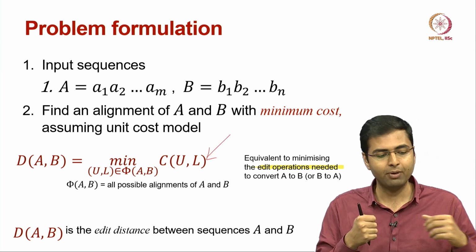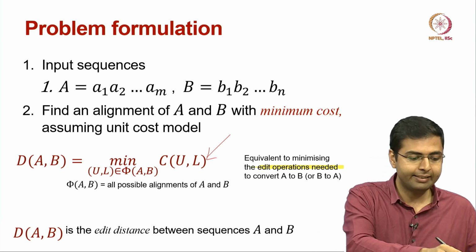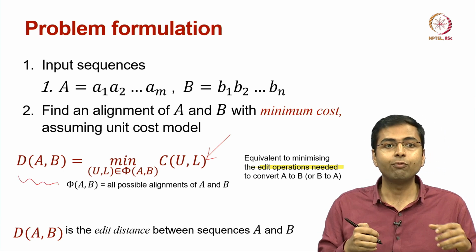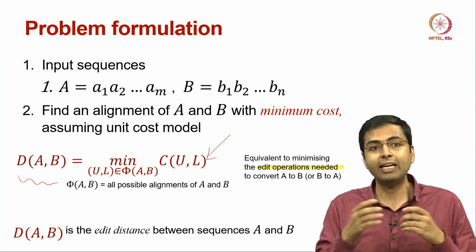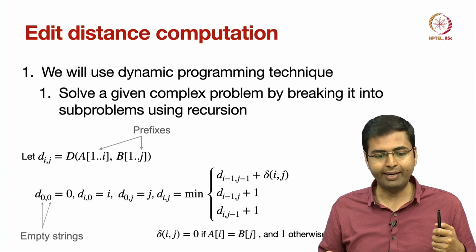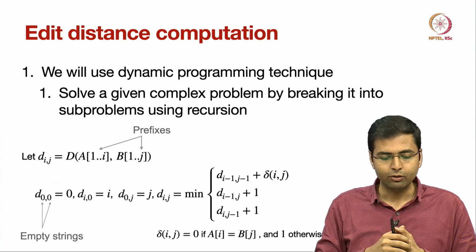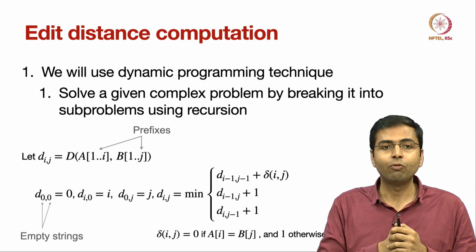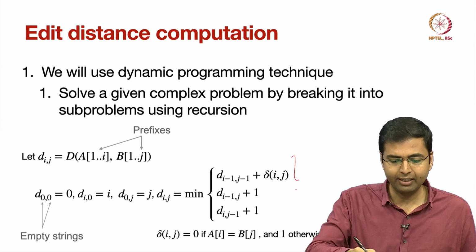In the first step we solved for the edit distance D, and then once we had the edit distance, using a trace back we solved for the alignment as well. The recurrence was done using the dynamic programming technique.